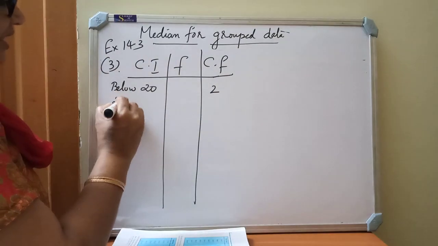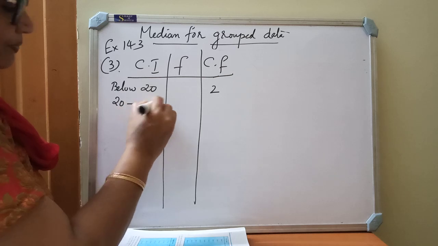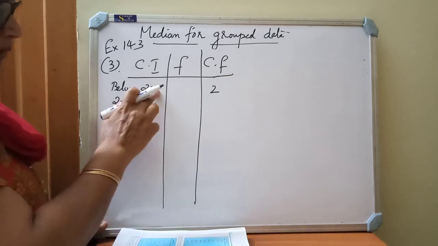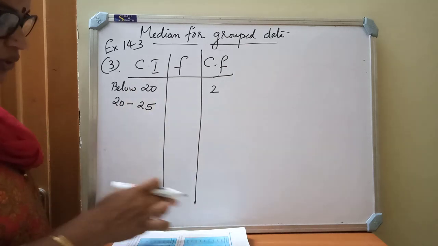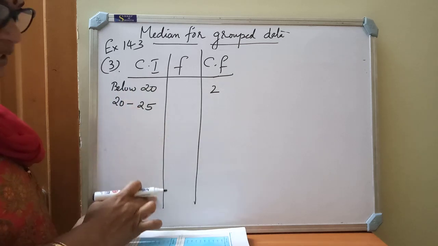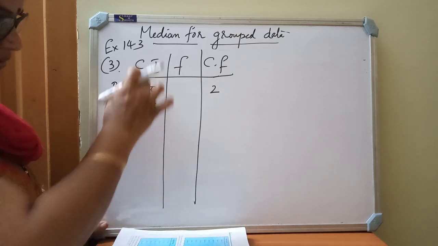So next class interval is 20 to 25. Understood that? Because upper limit values, below 20, below 25, upper limit values only they are given. So that 20, 25, everything comes under the upper limit place.